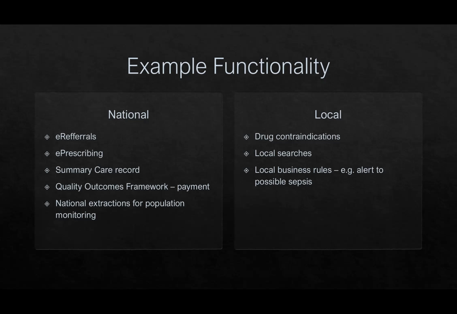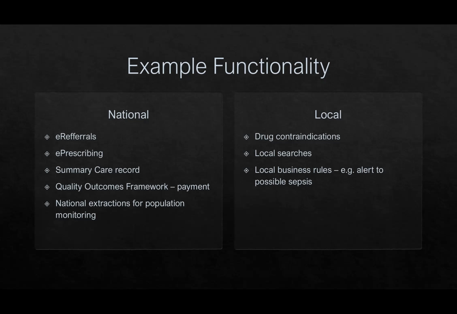There are a number of regions now doing population health monitoring, and they're getting SNOMED data from secondary care, from mental health, and from general practice. Locally, there are things like drug contraindications, local searches, and quite a lot of local business rules.